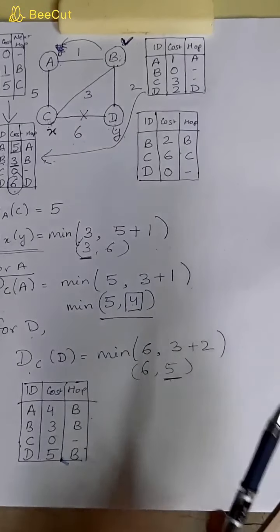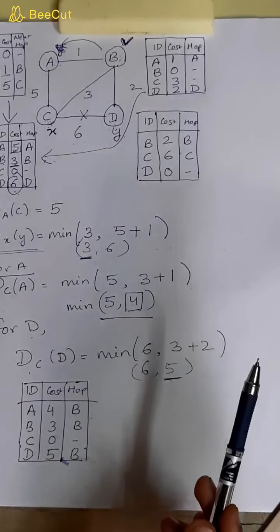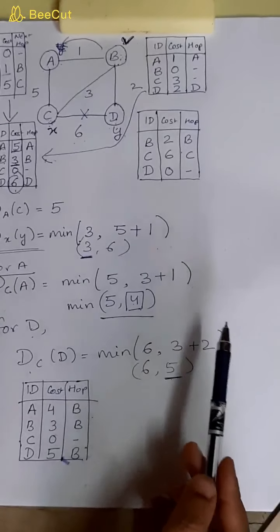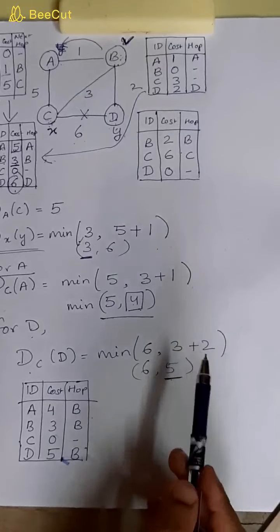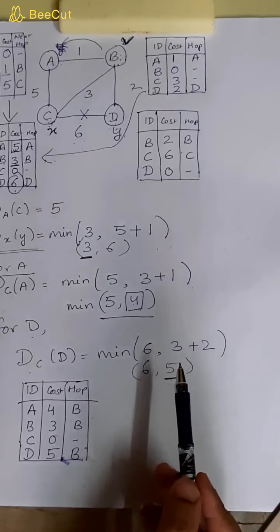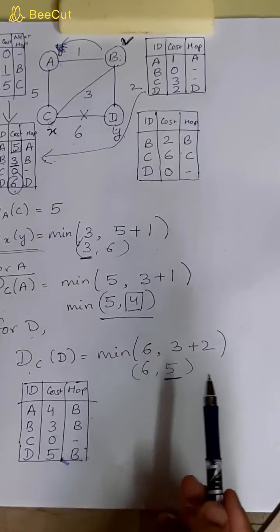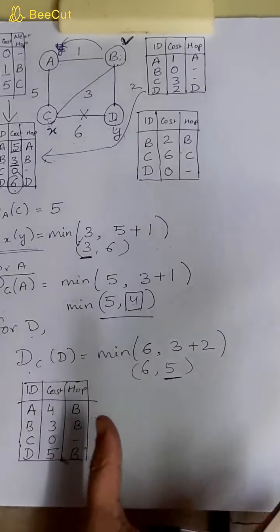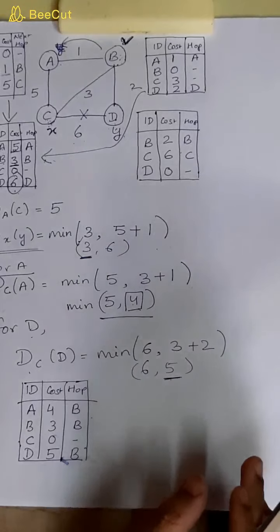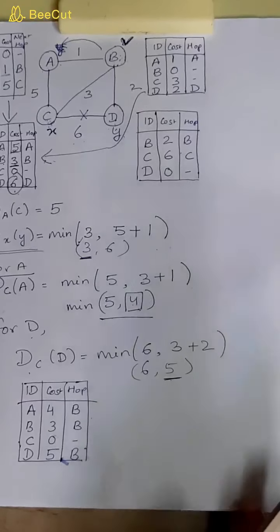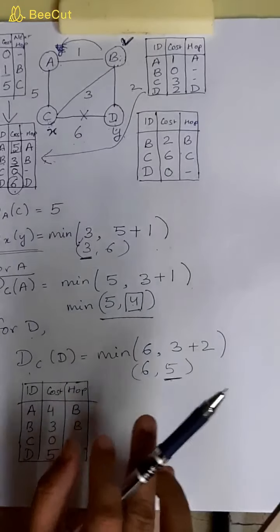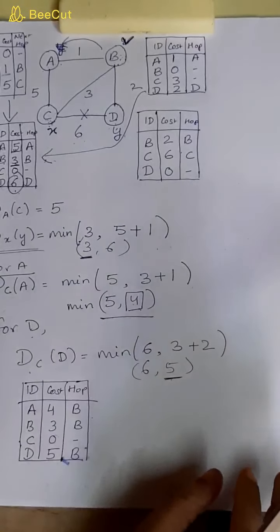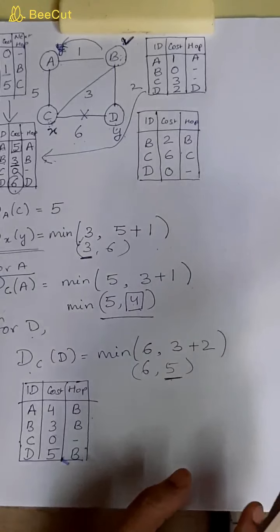So this process goes on like this, and these information, these vectors are exchanged periodically so that routes can be updated. And if the update is not received from a particular node for a particular time, then it is assumed that the link has failed. Okay, so after that again the routes should be modified and the entry to that particular node should be deleted if you are not getting any response from that node.